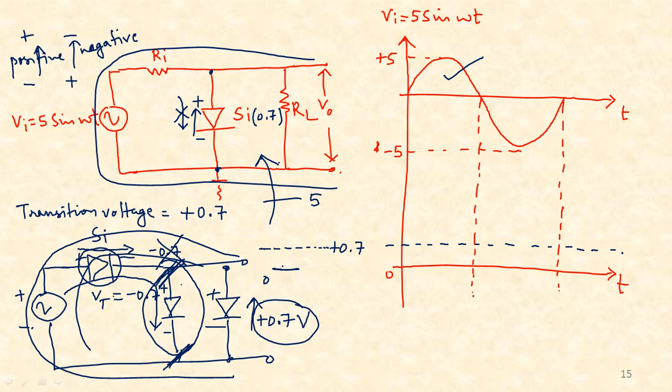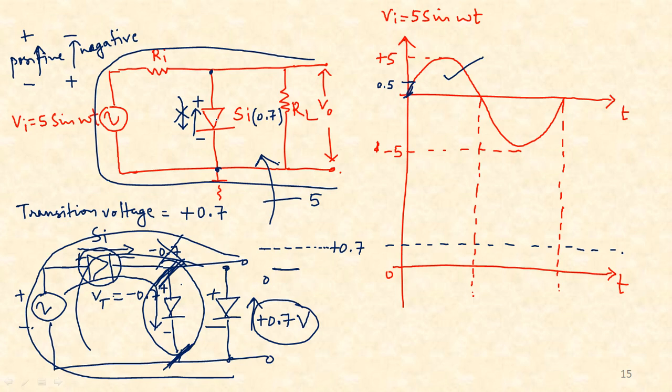Now somebody has to tell me, just pay attention to the waveform. If my input signal is 0.5 volts, what will be the status of the diode? Will the diode be on or off? Off, sir.